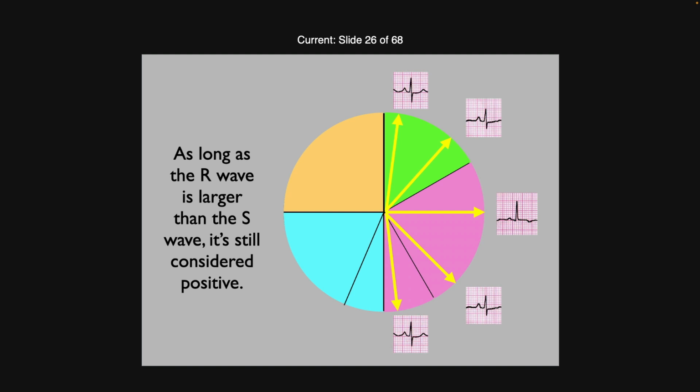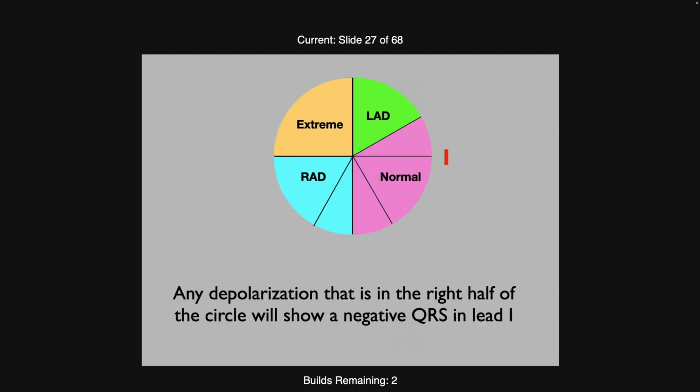Make sense? Okay? So any depolarization that is in the right half is going to show up in lead 1 as negative, okay? Here would be a really deep S wave and so forth, okay?